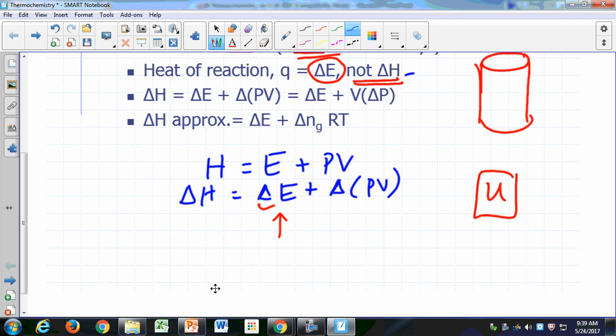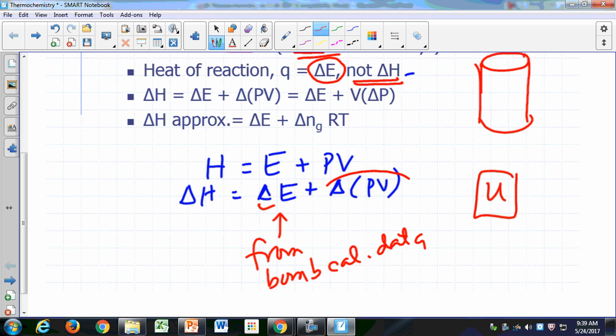So delta E you can determine from bomb calorimetry data. You just have to apply a correction term to that, delta PV, in order to get the value of the delta H. Now, the volume doesn't change, right? So the change in PV will be due to the change in the pressure.